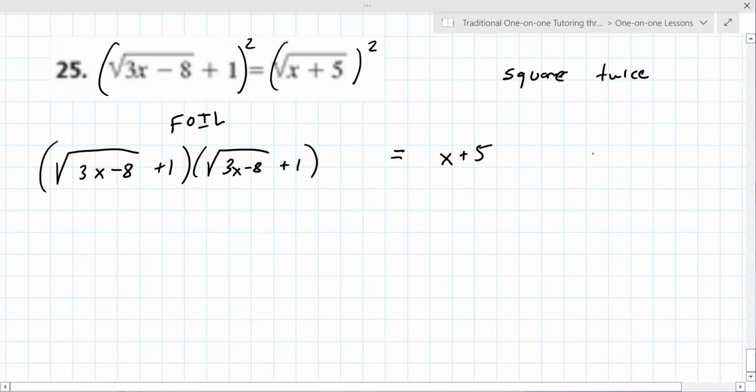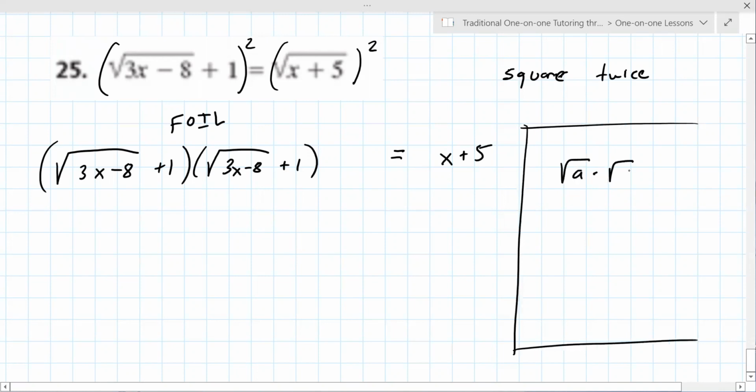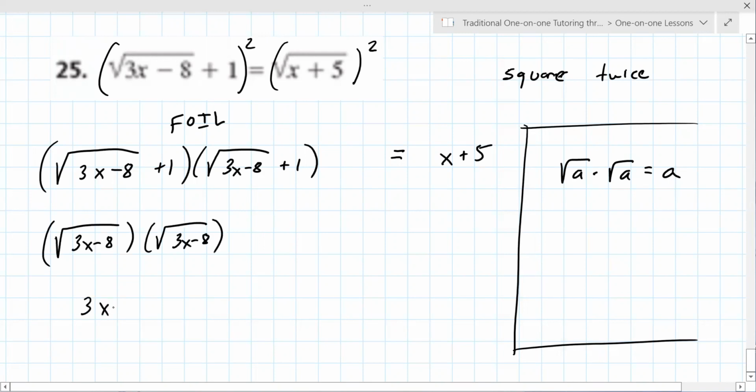Okay, now as a reminder, off to the side here, the square root of something times the square root of something equals the thing that's inside. So when you do your first times your first, and I'll even write this out because you may want to look back at this one, this ends up just being the thing that's under the square root for the F part.